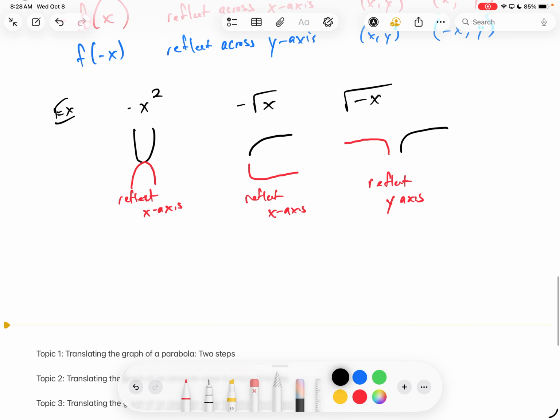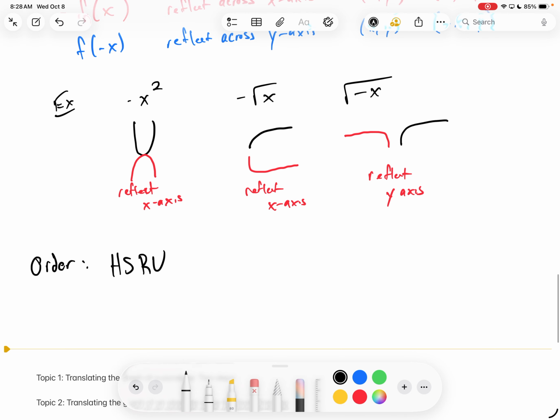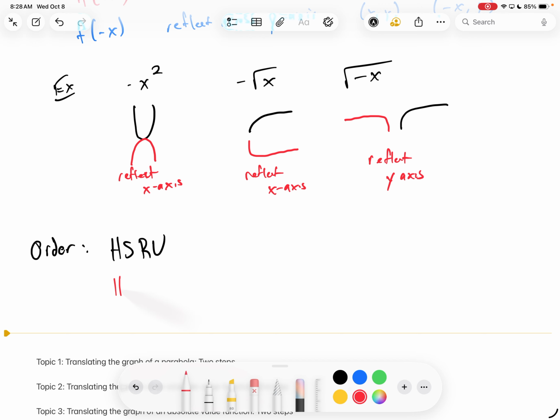The one other thing that I will write here that does not happen very often, but they do have an order that you're supposed to do these in, it is HSRV. So that is horizontal shifts, and then do any stretching or shrinking, and then do any reflections, and then do the vertical shifts.